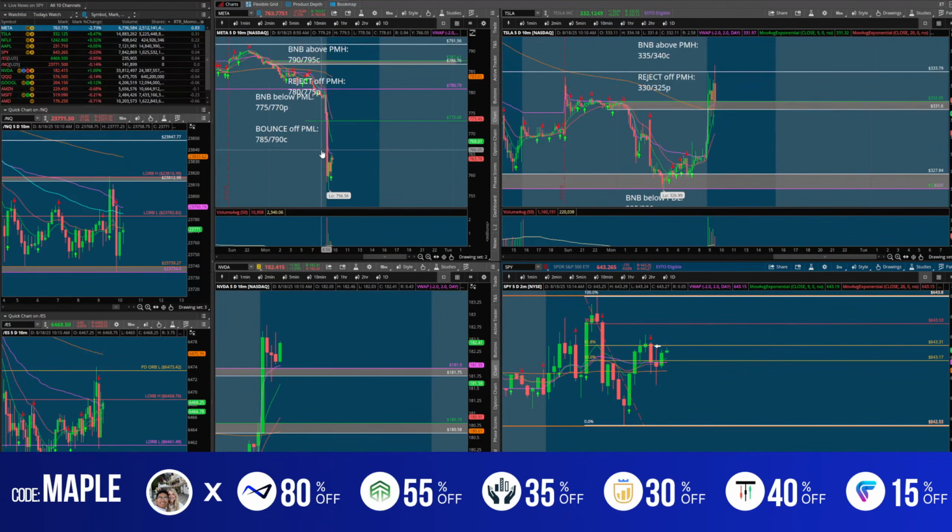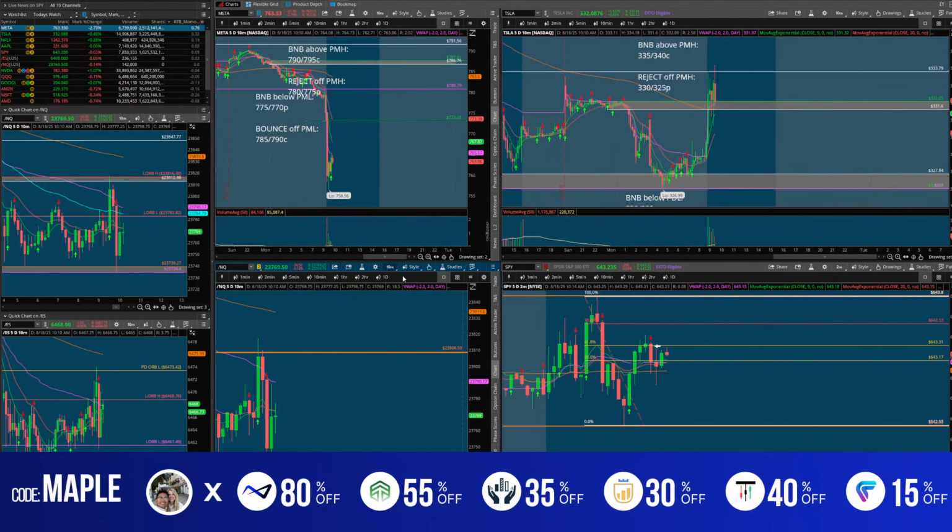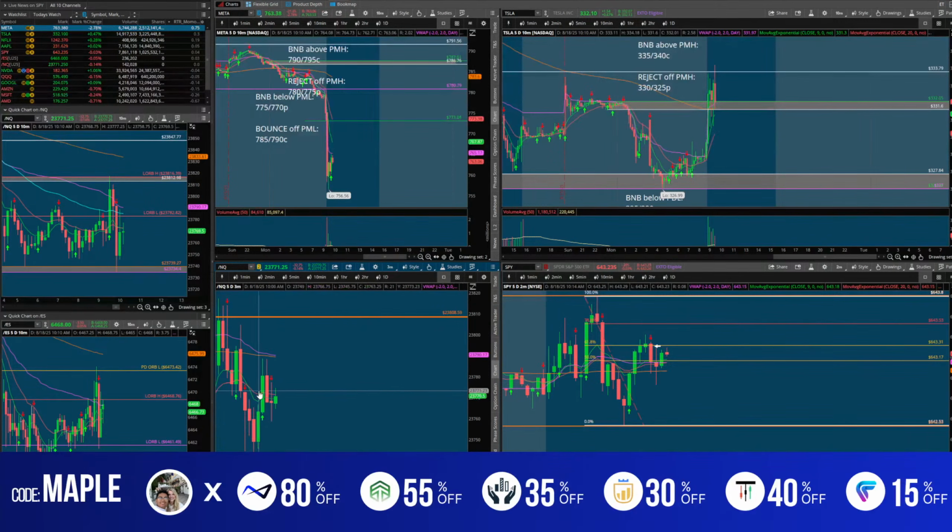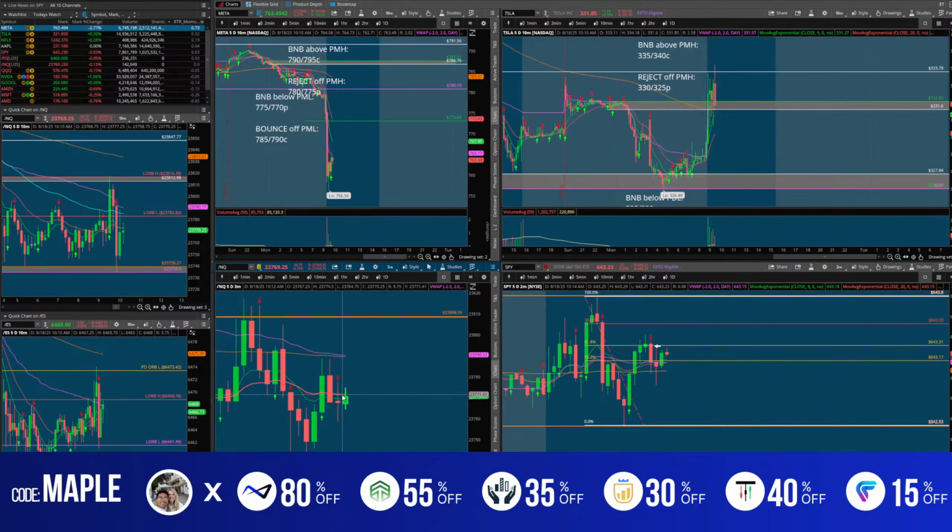Yeah, they're trying to hold that 2-minute EMA. But what I see here on NQ is a 3-minute trying to maintain. Trying is the key word here, right? You can see the EMA cross and retest.